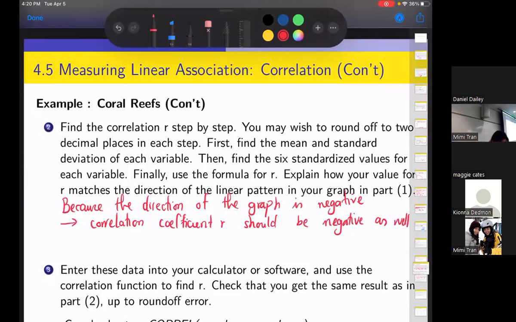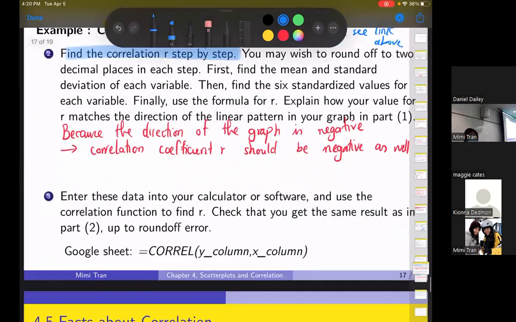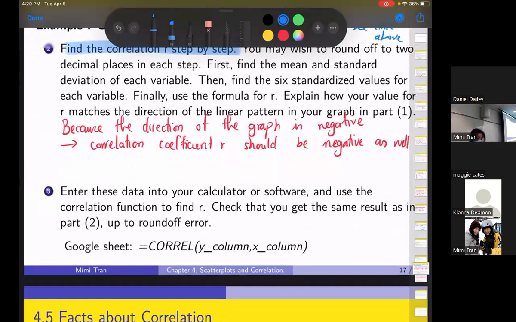And then I'm going to put a note here. See the link above. We use this. Done.